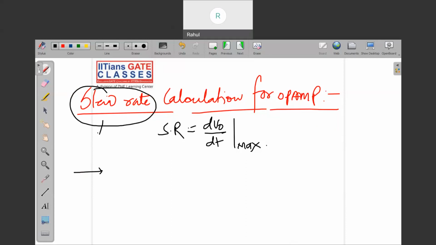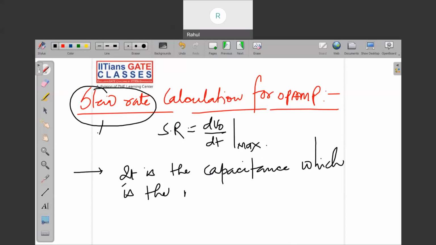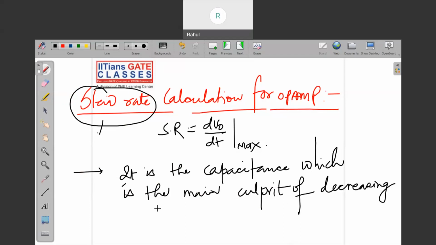Remember, it is the capacitance which is the main culprit of decreasing the value of SR, the slew rate.